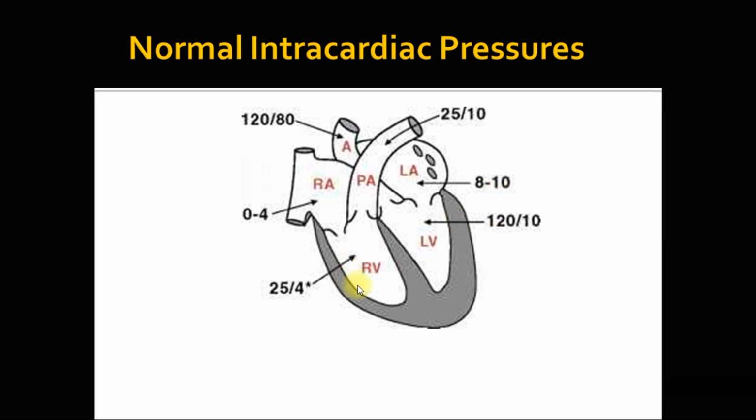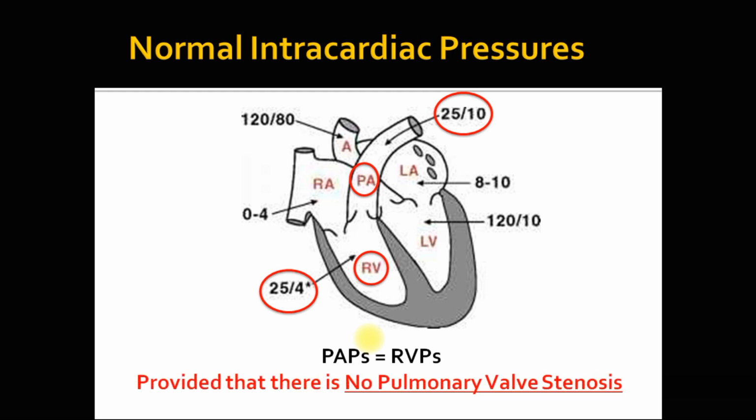Then the right ventricular systolic pressure equals the pulmonary artery systolic pressure, provided that the patient has no pulmonary valve stenosis. We can take a look on the left side. Also, the left ventricular systolic pressure equals the aortic systolic pressure, about 120 millimeter mercury.